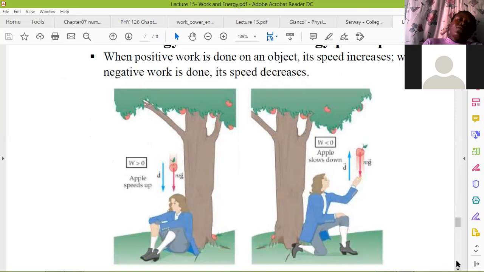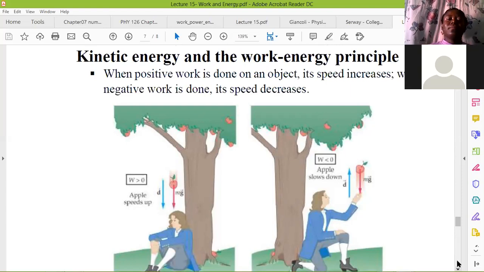Remember, if work is positive, it means the force applied is greater than the opposing force. So when the work done on the object is greater, the speed of that object increases. As you can see here, you have a demonstration of an apple.